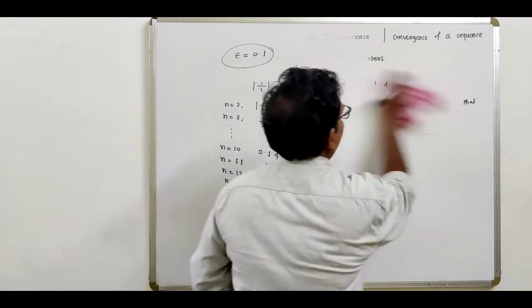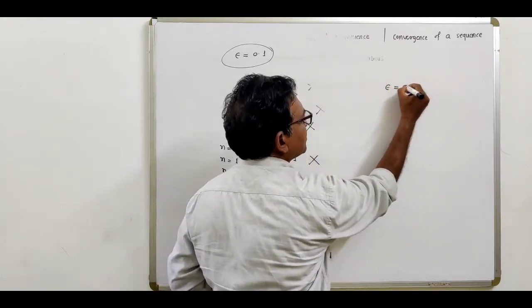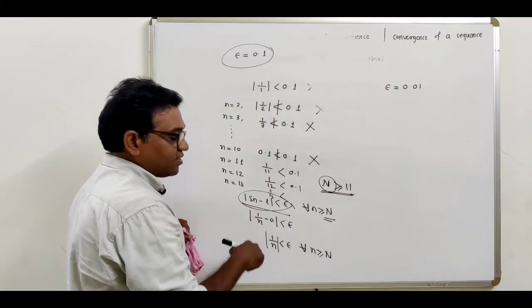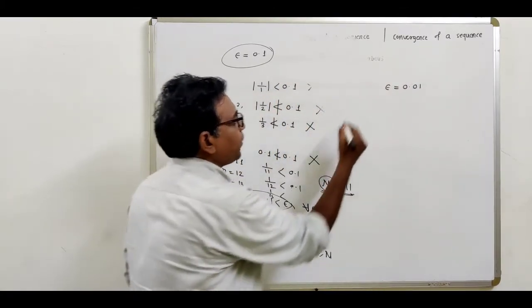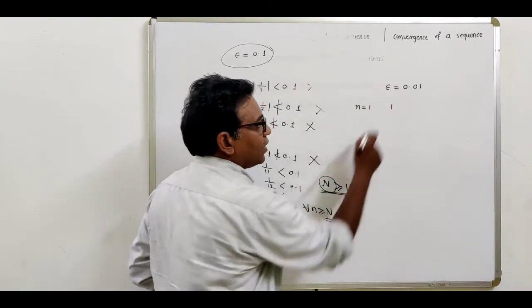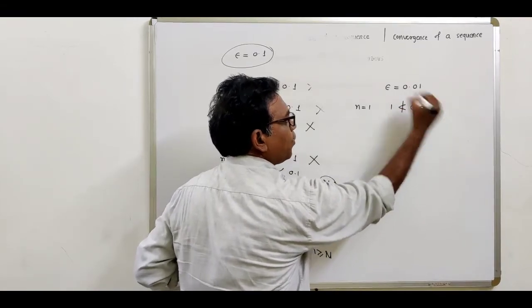Now suppose we take epsilon equal to 0.01. Then what is this condition? If we take n equal to 1, then what is the left hand side? It is 1. This 1 is not less than epsilon, which is 0.01.